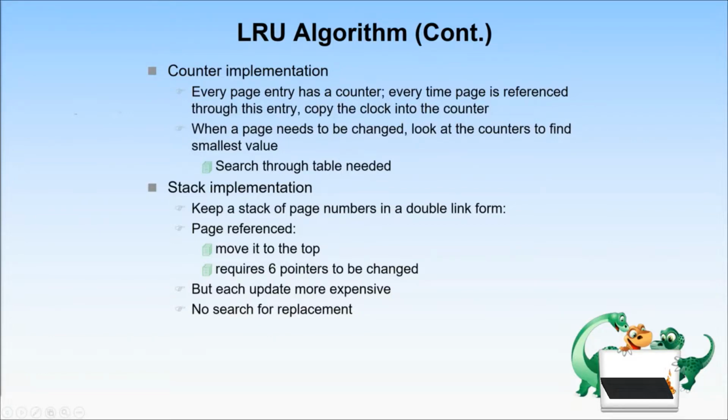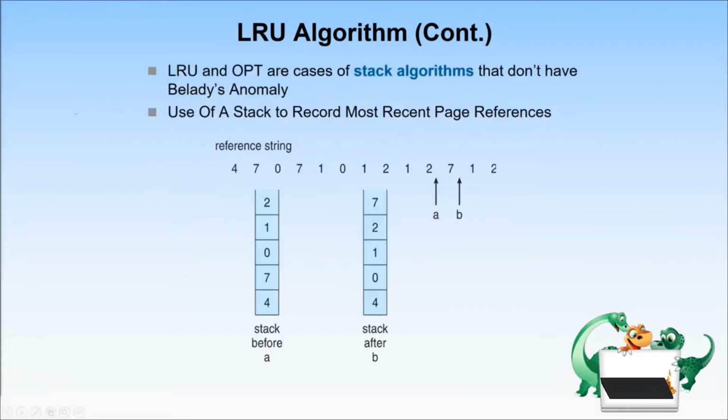Note that both implementations of LRU require hardware support, either for incrementing the counter or for managing the stack, counter for the counter implementation and stack for the stack implementation, as these operations must be performed for every memory access.